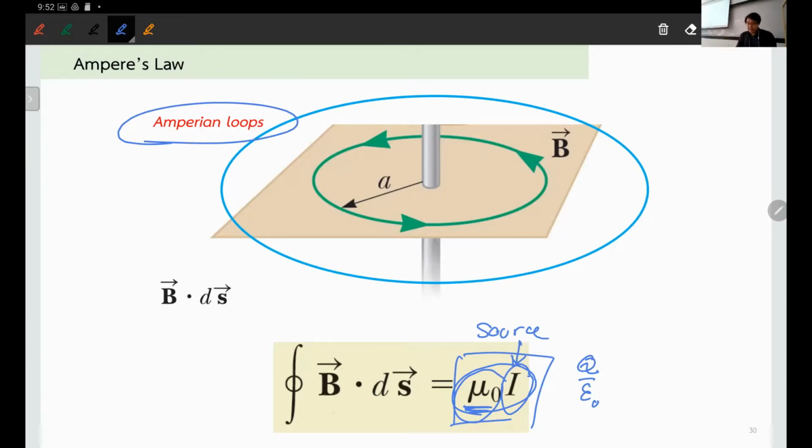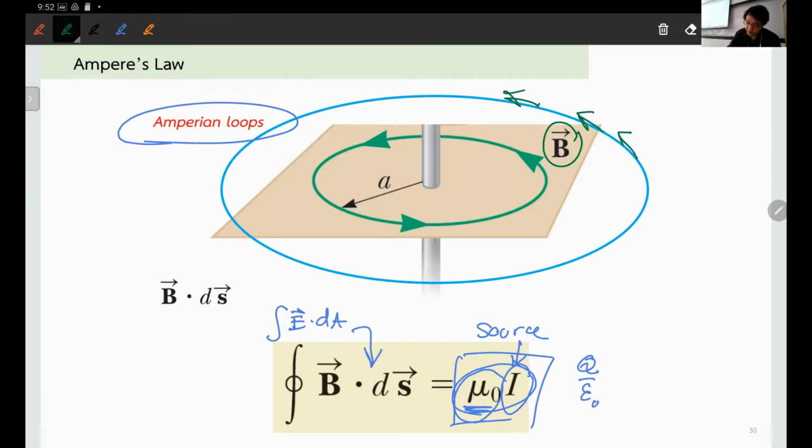Now the left-hand side, instead of having the flux calculation, you turn it into a loop calculation. So you want to know how much of the magnetic field is actually going along your loop. That's what you're trying to do.